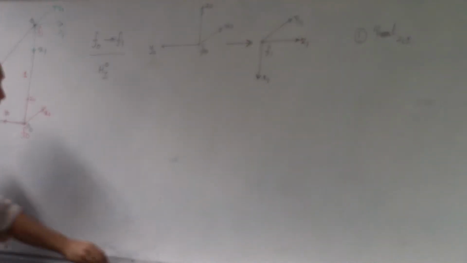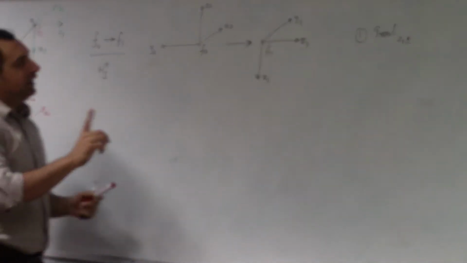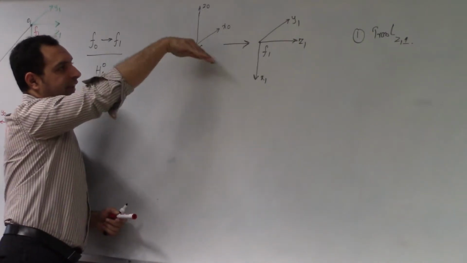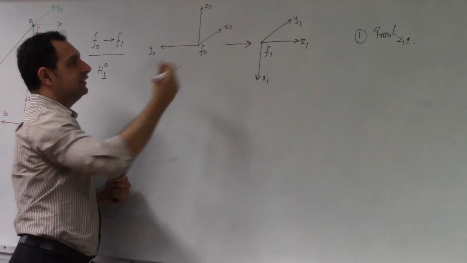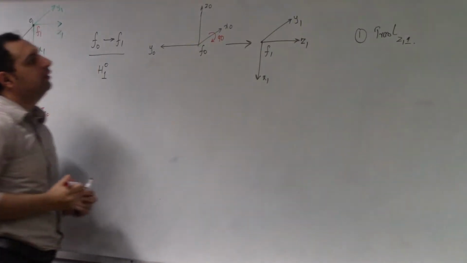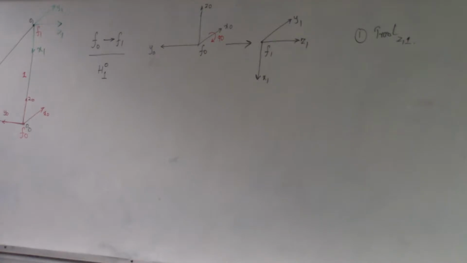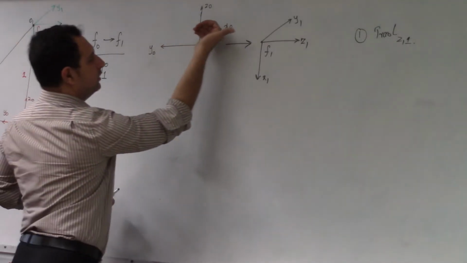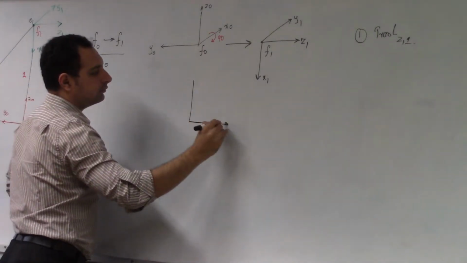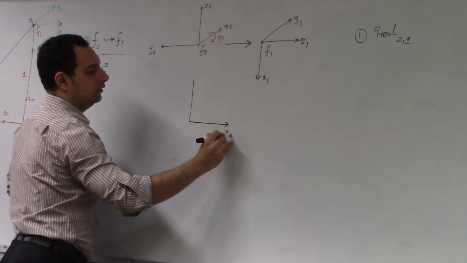Now let's say the origins have coincided. What we want to do is align the axis. If there's a single rotation that would do it, it's perfect. But in this case, it will need more than one rotation. So we'll start by aligning one axis first. So let's align Z. We'll have to drop Z like this to align it with Z1. So in this case, I'm rotating along X by an angle of 90 degrees. When I rotated along X by 90 degrees, this is the positive direction of X. I'll drop it like this, and here you'll have X naught.